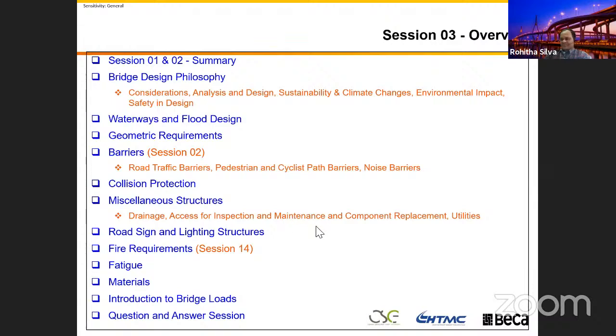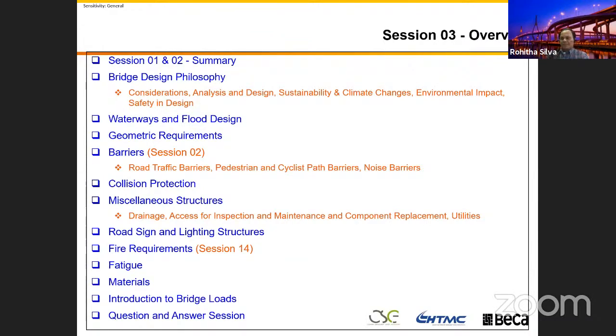During the last session, I gave you a question regarding the barriers. Some of you already sent me the answers, and I will respond to you all during the weekend. With session 3, we're going to complete bridge design part 1.